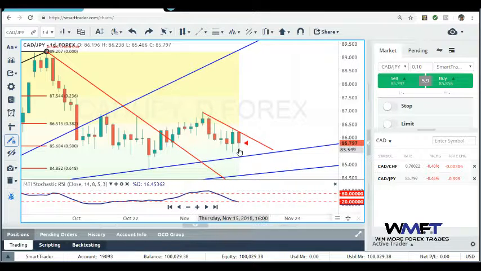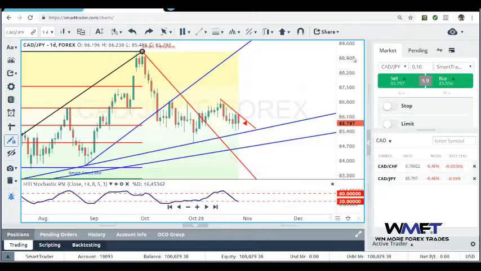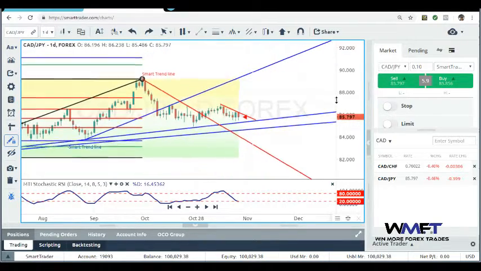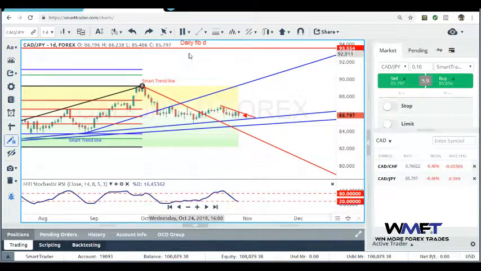Once the market breaks this counter trend line, we will buy the market at the close of the candlestick, and then your stops will go 10 pips below the lowest point of the U-turn when the market broke this counter trend line, and we will hold that trade all the way up to the daily 50.